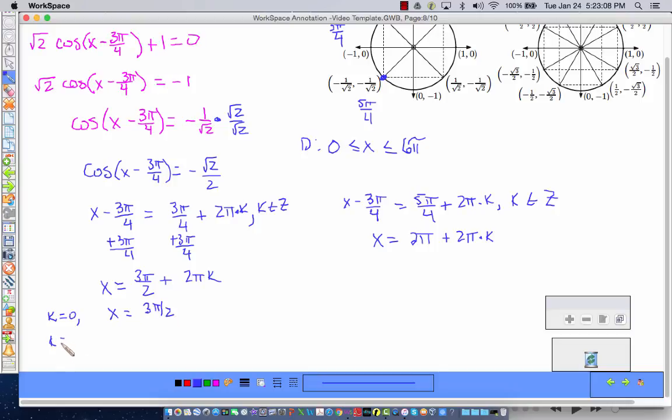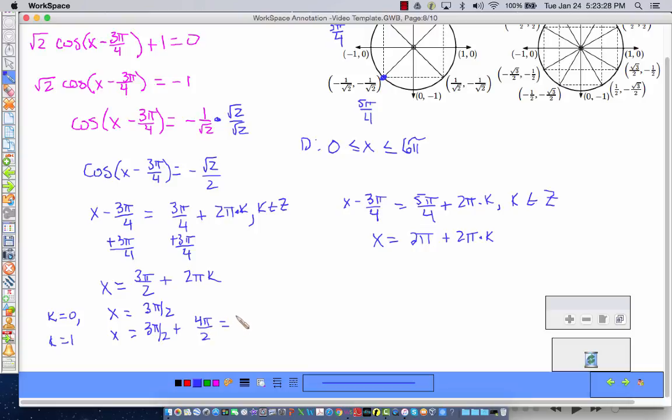For k equal to 1, this is where we're going to find out all we have to add to each of our successive answers. 3 pi over 2 plus 2 pi times 1 is 2 pi. But I need this with the denominator of 2, and 2 pi with the denominator of 2 is 4 pi over 2.